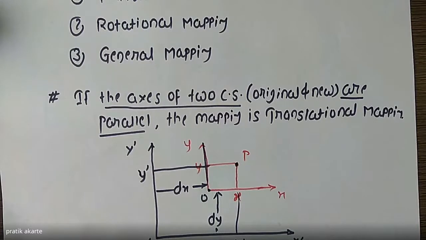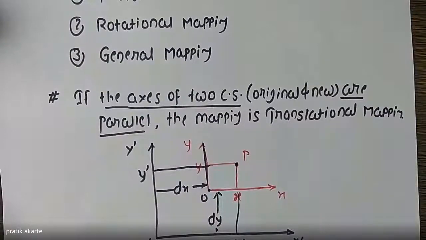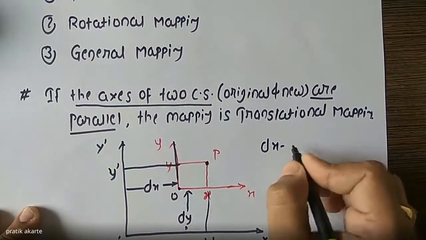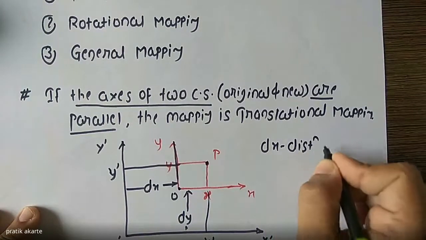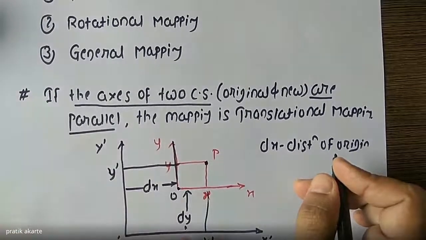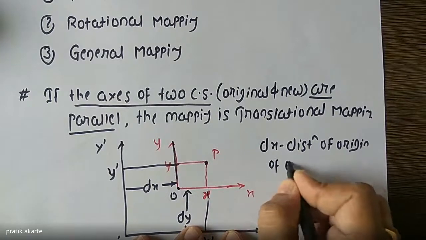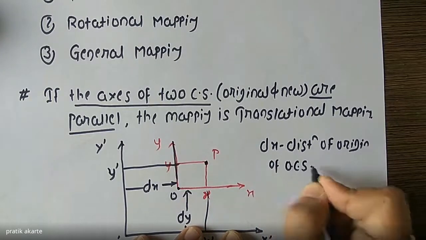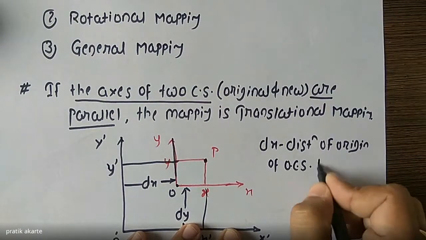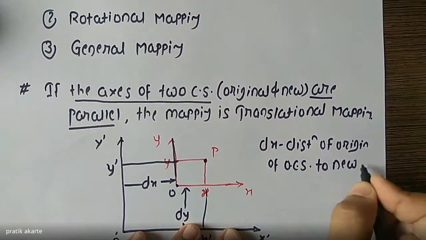Okay, now what is dx and dy? Dx is the shift of the coordinate system in the x direction. Okay, so what is basically dx? Dx is the distance of the origin of the original coordinate system, to learn the short form, original coordinate system to the new coordinate system.